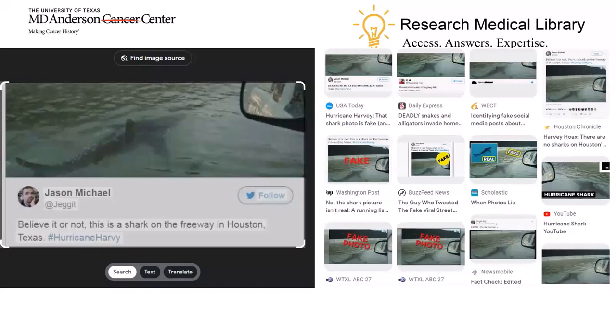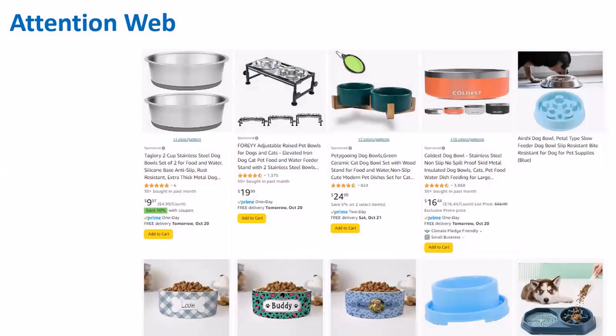Some other things that are not quite disinformation, but are very related. Here's a term that was new to me. It's called the attention web. It's when web pages are designed to keep readers on them as long as possible so they can expose you to advertising.